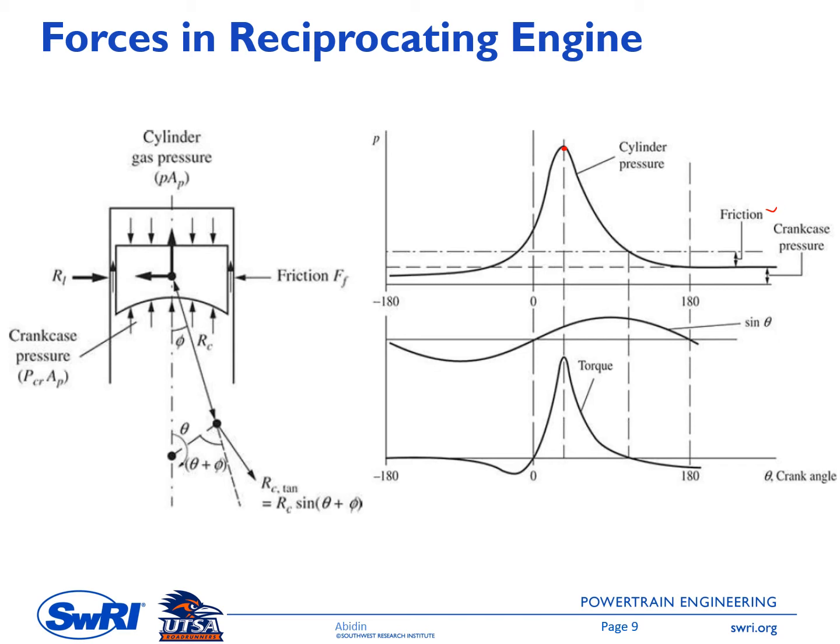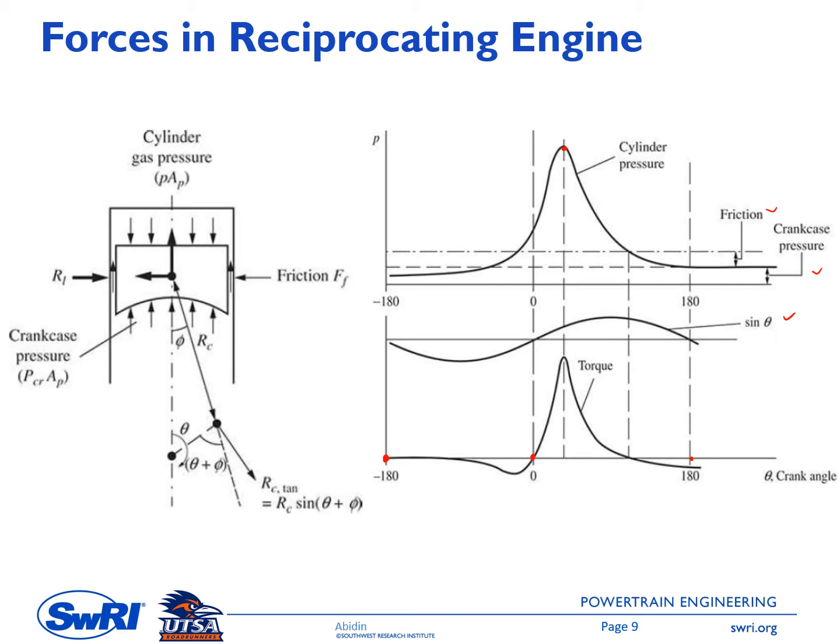And this is the level for the crankcase pressure. Then this is the plot for sine theta, where theta is the crank angle. Starting from minus 180 here, it means the piston is at bottom center and then moves up toward top dead center, where theta will be 0, and then moves back again to the bottom center.